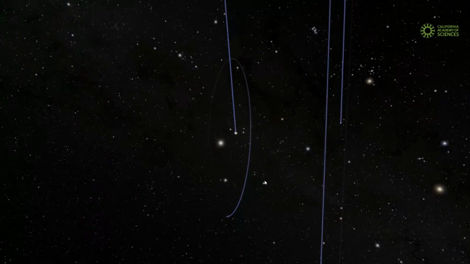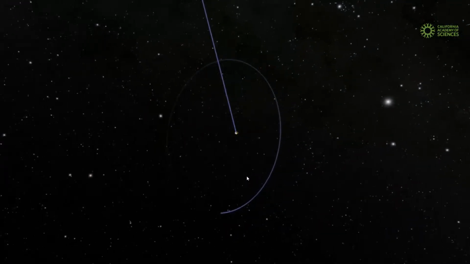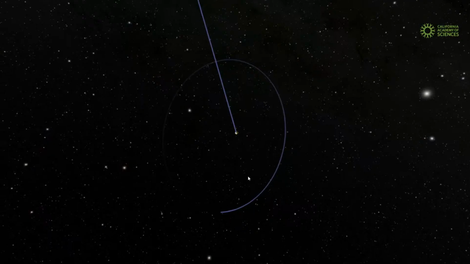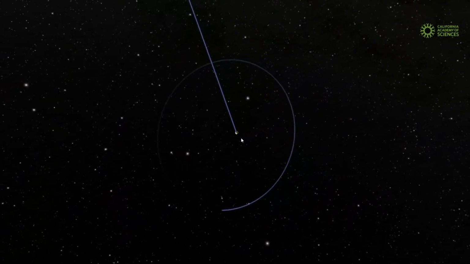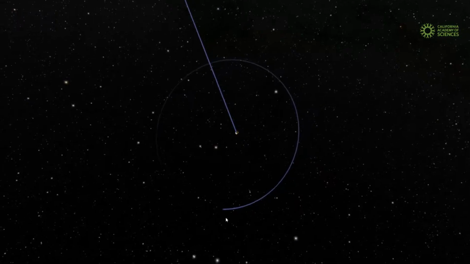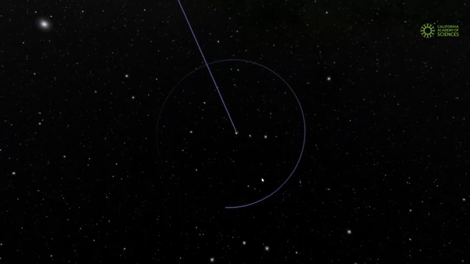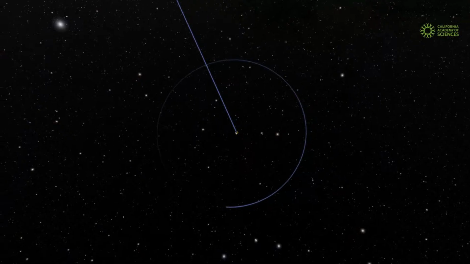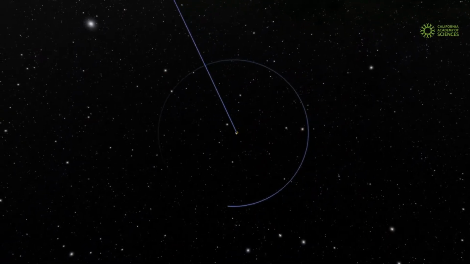This is most familiar when we talk about light years, the distance light travels in a year. And it's not a period of time, it's a distance. So the distance light travels in a year is a light year. But the distance of the moon from Earth is more like 1.5 seconds in terms of light travel time. So we can talk about the moon being 1.5 light seconds away.